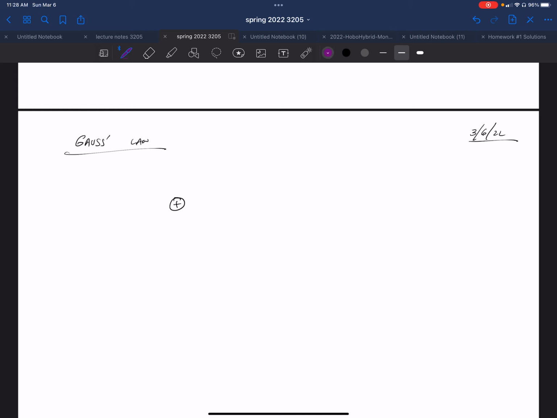I'm going to choose to draw 8 lines. As we've talked about in the past, the choice is yours, theoretically, about how many lines you use for a particular number of coulombs.